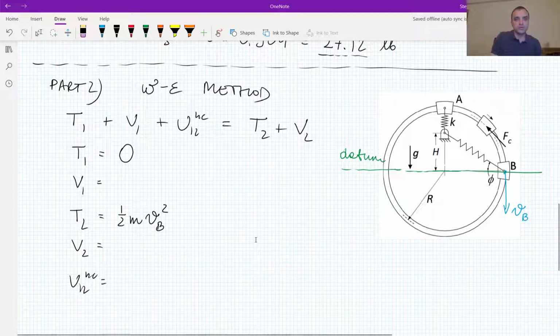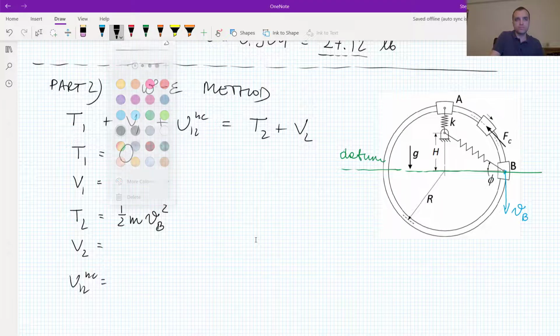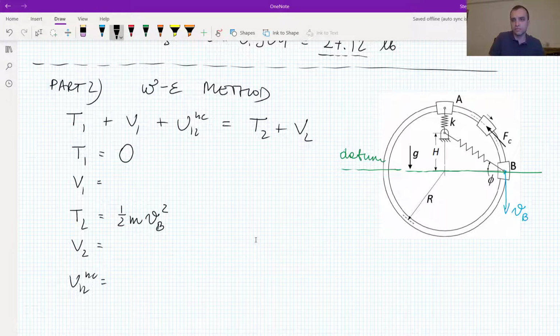Okay, so here are the correct values. At first, our body is at this elevation, so our potential energy will come only from gravity, actually. Let me write that, because in this system we have a spring.